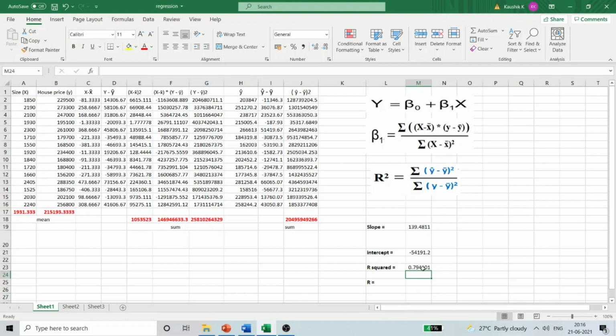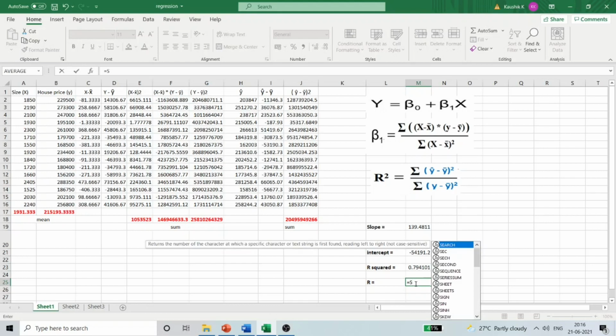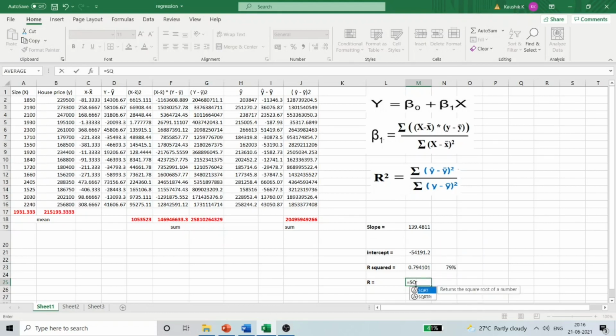So I am getting 0.794 as the r squared value. So this is around 79% efficient. From this I should be able to very easily calculate the r value, which is the square root of r squared, isn't it?